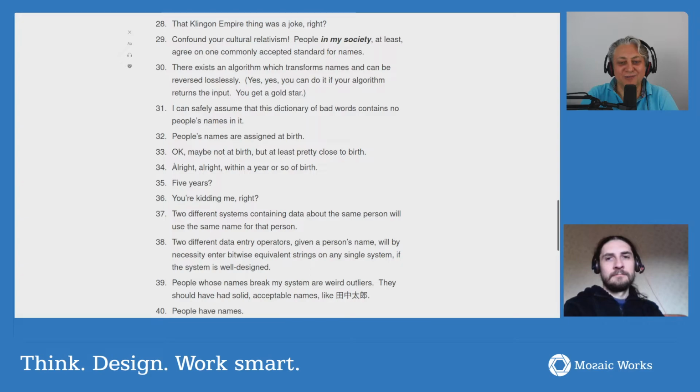Not necessarily within a year or so, because you don't have time to accomplish anything in 5 years. Sometimes I think it was around the age of 14 or something like that. But it can also happen that the name changes again. So you can change your name later because something else happened or you achieved something.